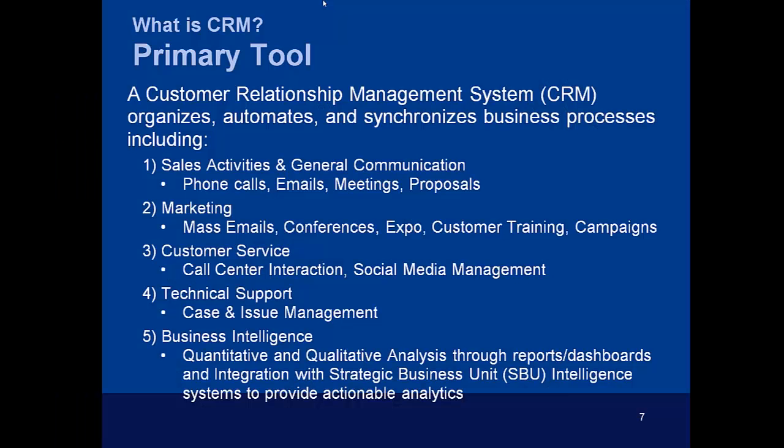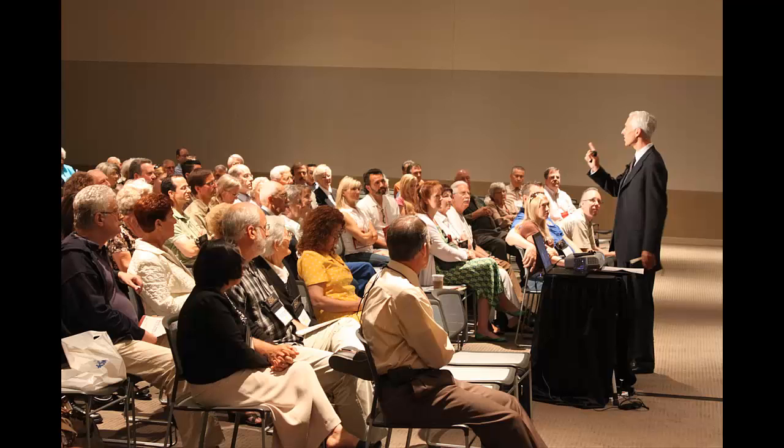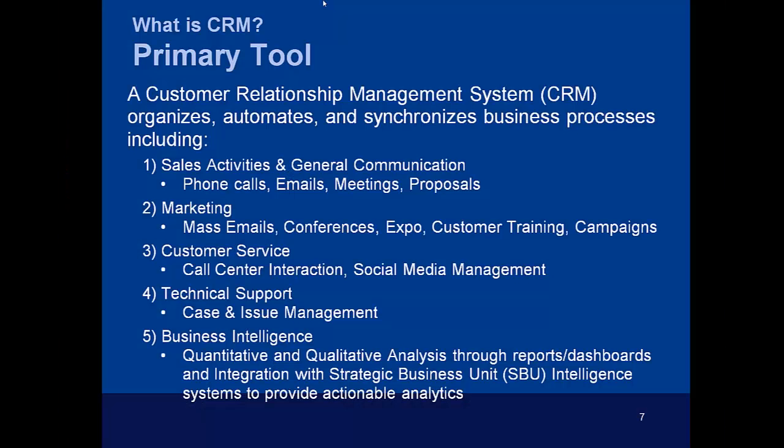So those are more the one-to-one or person-to-person type activities. But we also have things that are more one-to-many. If we take the example of our marketing emails or the conferences that we hold or the expos or customer trainings that we facilitate, those are all actions that a small group of people within GSA are taking to facilitate information for a large number of either customers or potential customers.